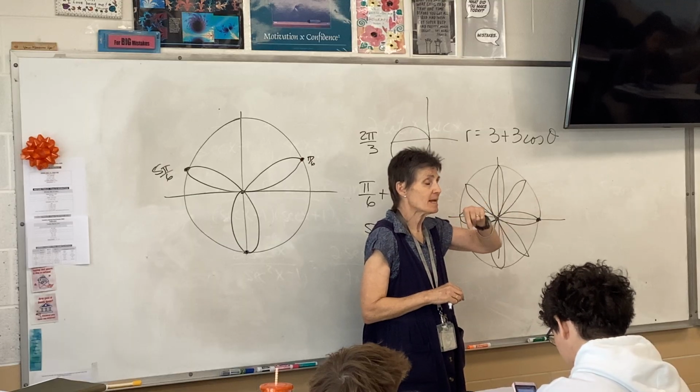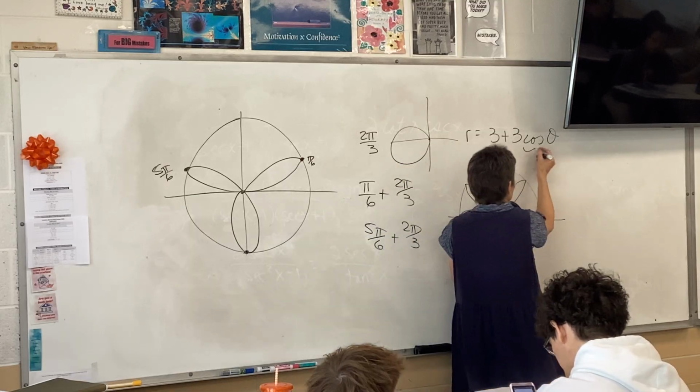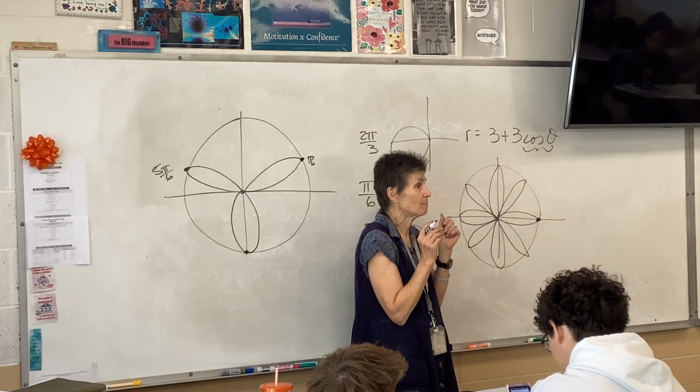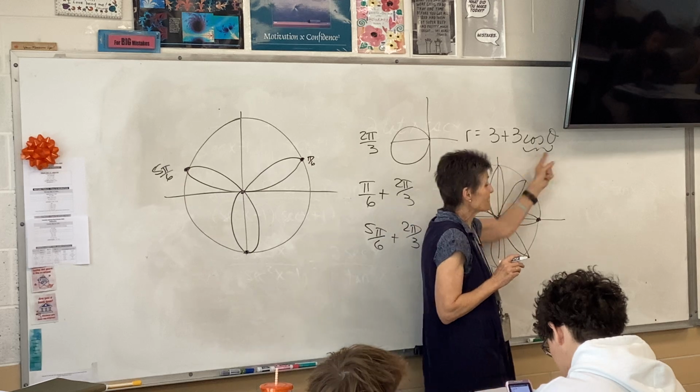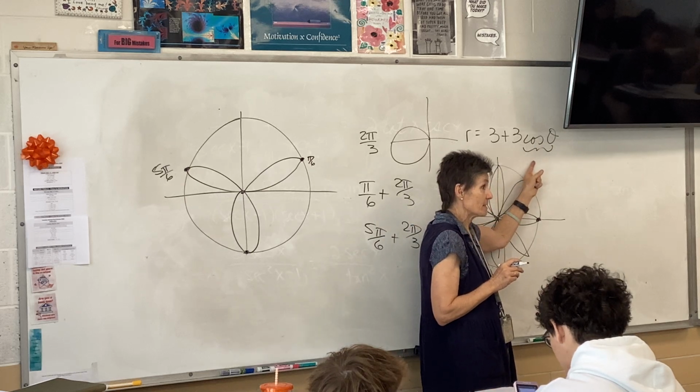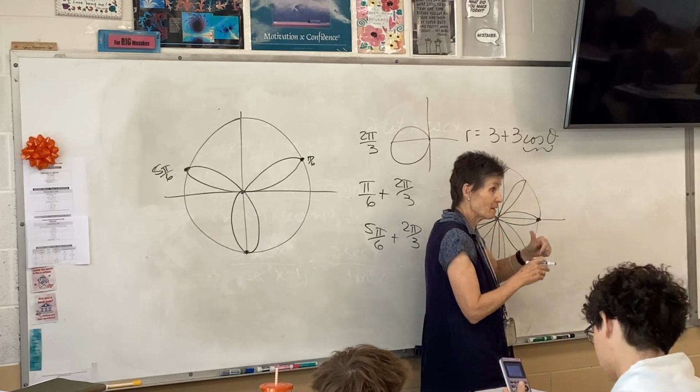And that makes sense because what is the biggest that cosine can be? 1. So the biggest this can be is 3. So 3 plus 3 is the biggest it can be.